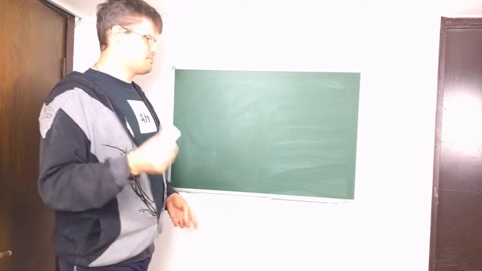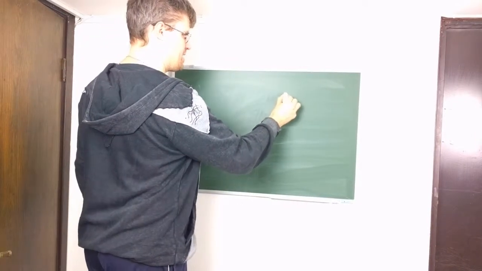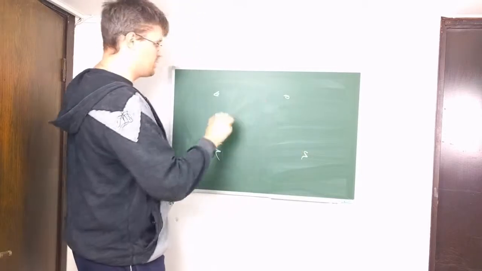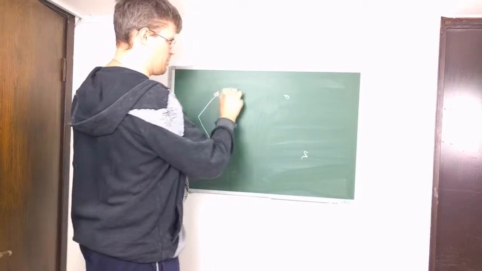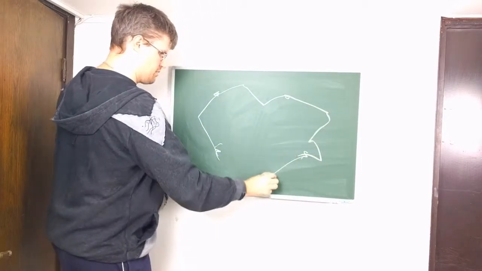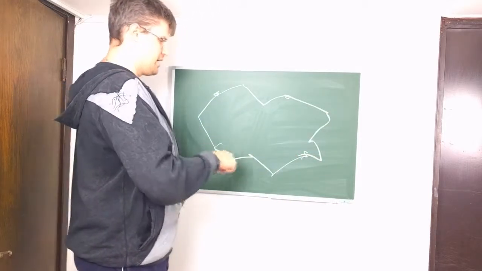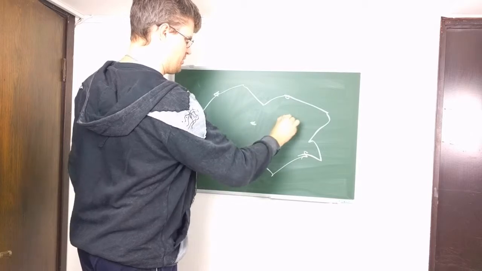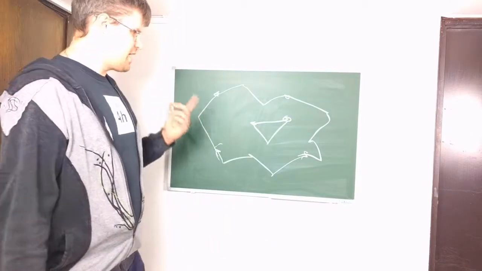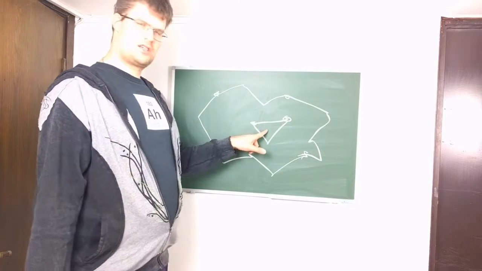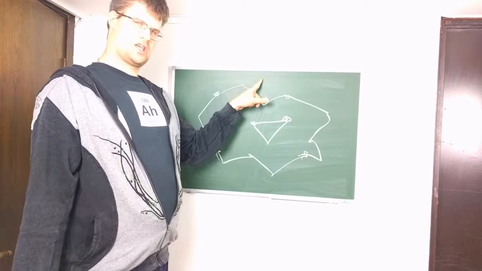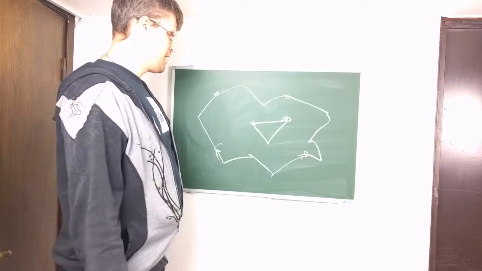So my problem was that I had, let's say, a number of points, or a shape like this in some way, and then I had some shape inside of this shape. I wanted to know if this shape was inside the shape or outside of the shape.